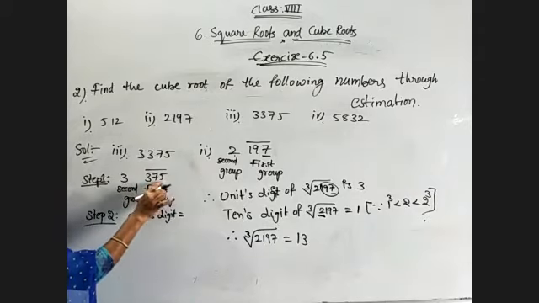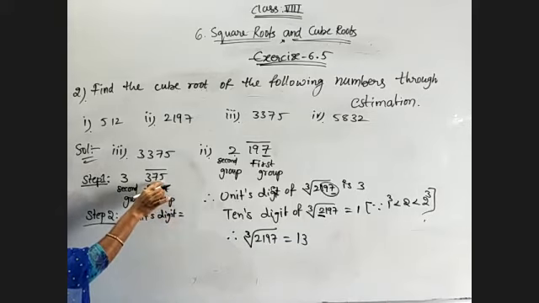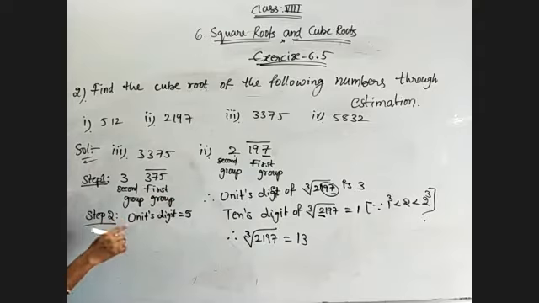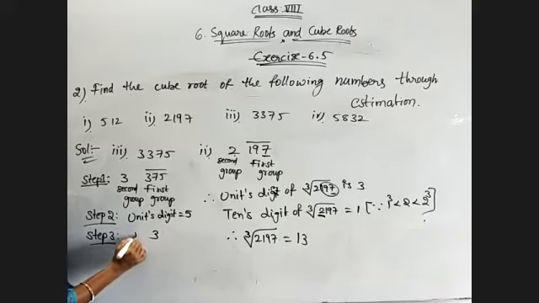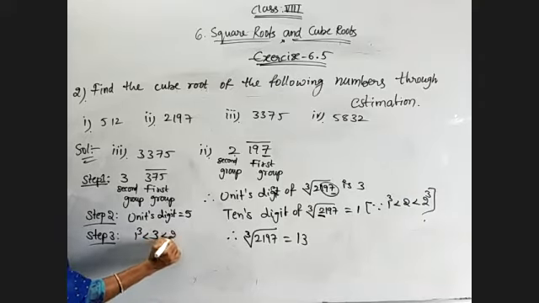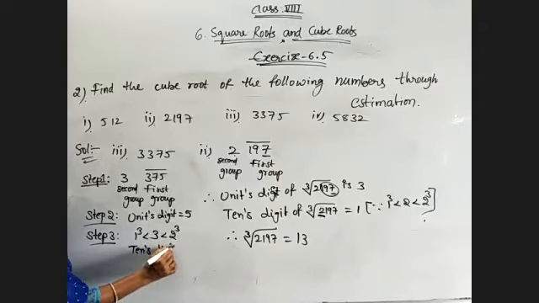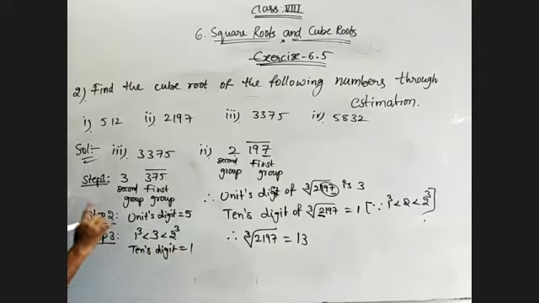Because here in the first group we have 5 in the unit place, the cube root of 5 is also 5 itself. Unit digit is 5 only. And in step 3, what is the second group? 3. 3 lies between 1 cube and 2 cube. 1 cube is 1, 2 cube is 8. Means the tens digit is 1, the lesser one than 3 we must take.